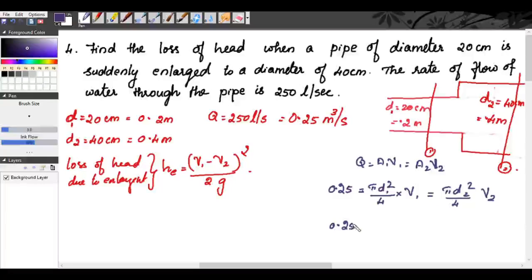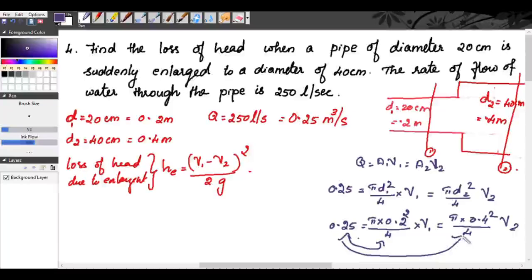Therefore, 0.25 is equal to pi into D1 is 0.2 square by 4 into V1 is equal to pi into D2 is 0.4 square by 4 into V2. Now, we can equate these to find V1 and V2.